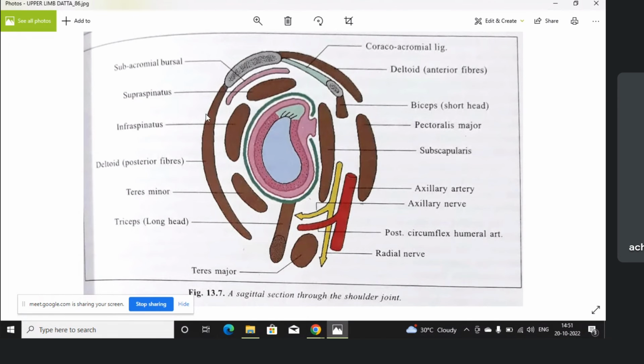Posteriorly: infraspinatus muscle and teres minor muscle and posterior fibers of the deltoid.